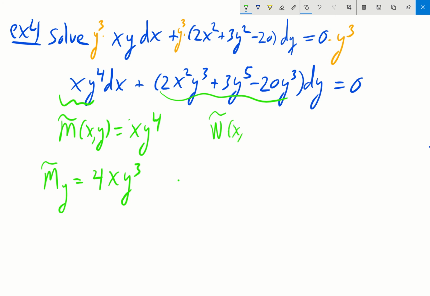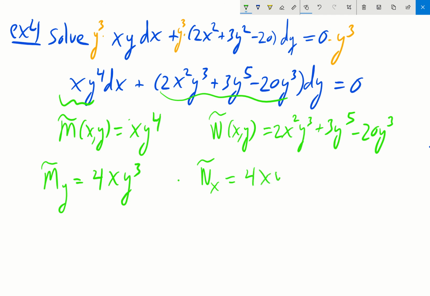So I'm just going to call that N twiddle. And let's take a look at the partial of this with respect to x. That's going to give us a 4x y cubed. With respect to x, this would be 0, this would be 0.